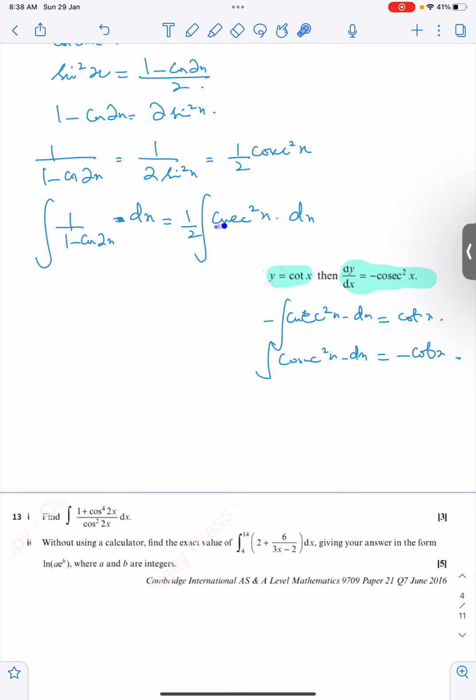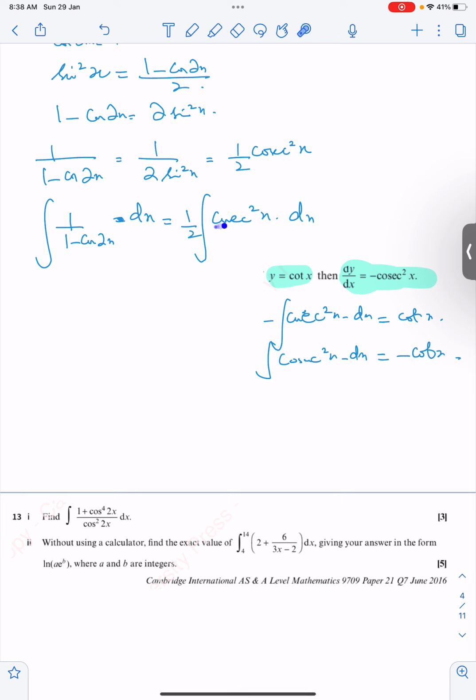So I can write it is equal to half of minus cot x plus c, which is minus half cot x plus c. So this is the answer to the third part of the question. We're done with this question.